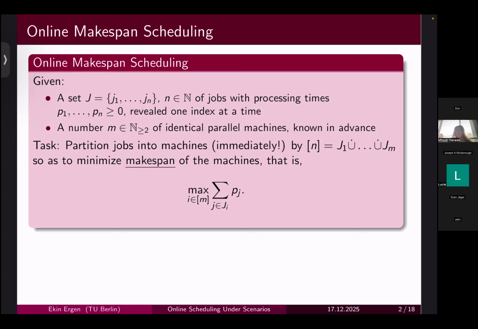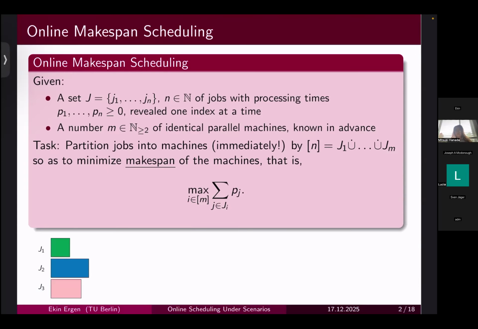Let's have an example. Let's say we have three machines, which, as you can see, we know in advance. And every time we are given a job, we could assign it to some machine. Let's say the green job we choose to assign to the first one without loss of generality because the machines are symmetric. The second one, maybe we want to put on a machine that is not processing anything right now.